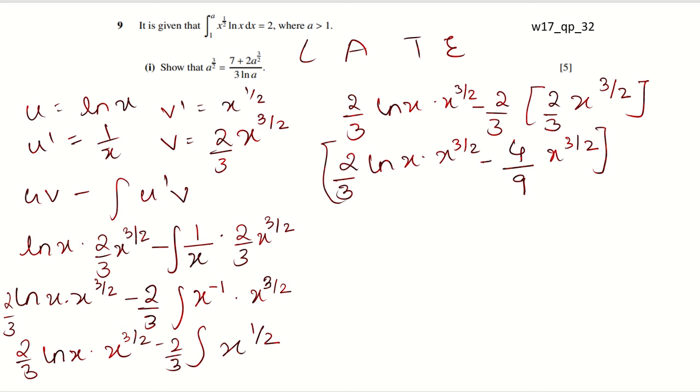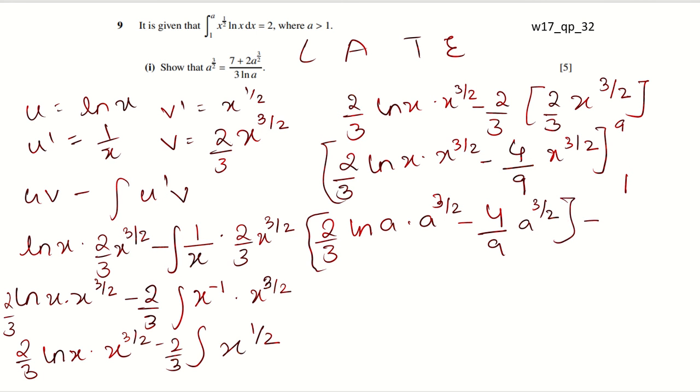This is going to be a over here and 1 over here. So you'll have to substitute x with a. So 2/3 ln a multiplied by a^(3/2) minus 4/9 a^(3/2).